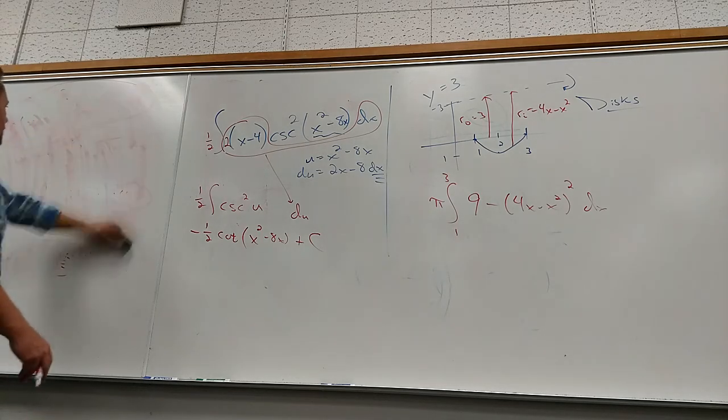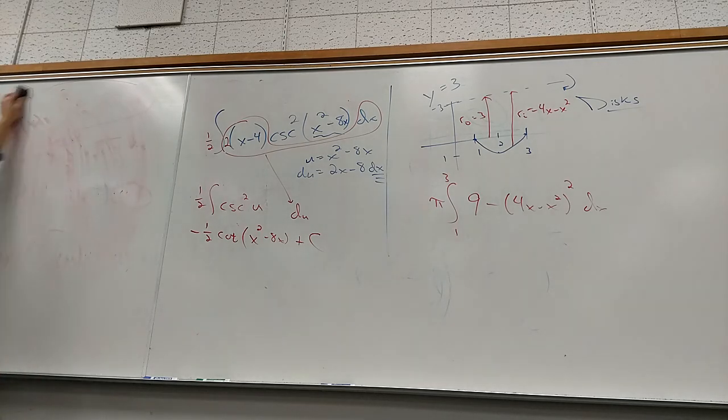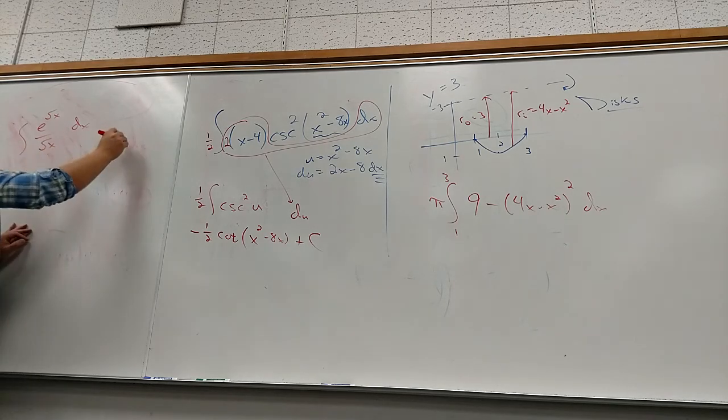There's a problem on the practice test that looks like this. This piece of it looks like this. You almost can't go wrong. You could choose this thing for the wrong reason, but what's u going to be? Square root of x. So u is x to the 1/2.